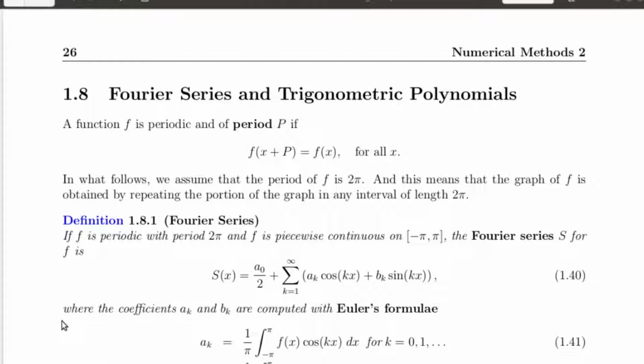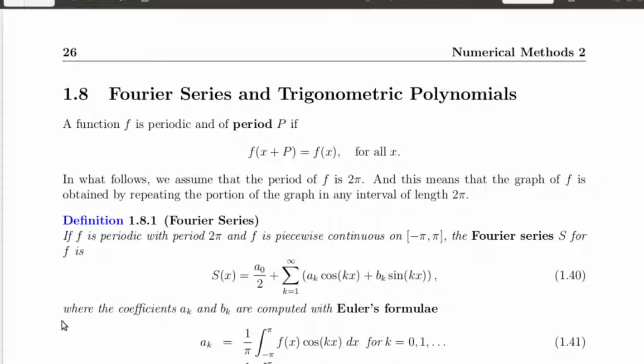If you have a periodic function, you cannot use a polynomial to try to approximate it. We know all the drawbacks of interpolating polynomials. So in order to approximate a periodic function, it is required that you also use periodic functions. And the basic periodic functions that we know are sine and cosine. Sine and cosine form the basis for periodic functions.